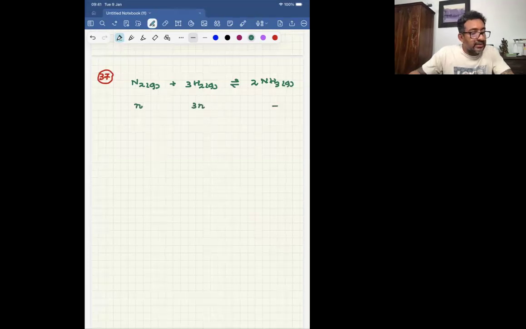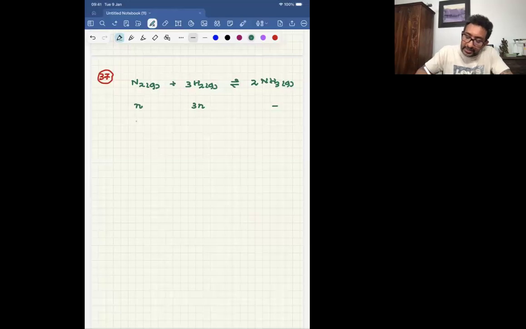Nothing else. Calculate the pressure required to obtain 10% of ammonia by volume. Right. So volume ratio is equal to molar ratio, because the entire container has a single temperature, single pressure at the end. Right. Okay. So let us see what is this value, right?